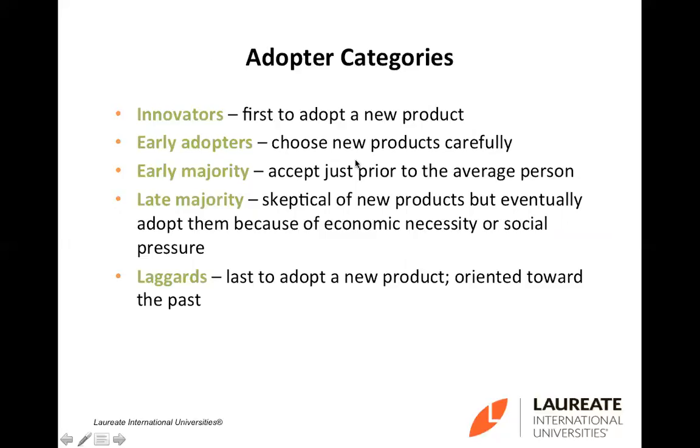And it is also interesting for us to look at the adopter categories. We have the 5 types of adopter categories based on Alfred M. Rogers study. Alfred M. Rogers is a sociologist, American sociologist.